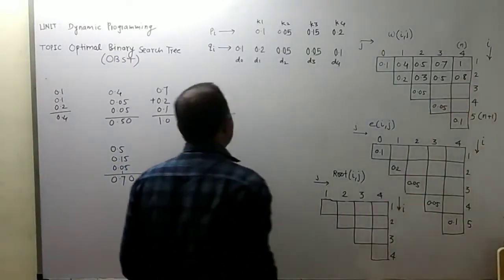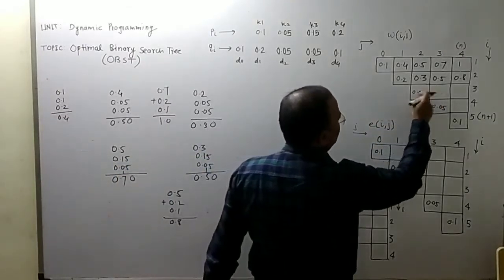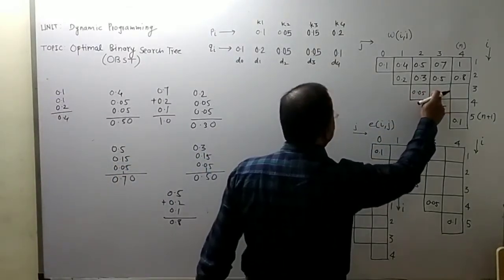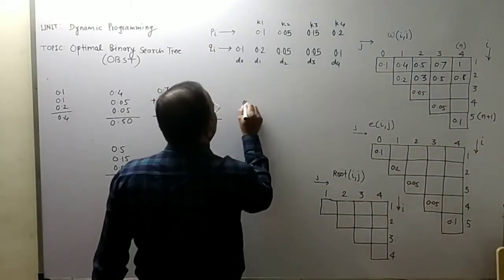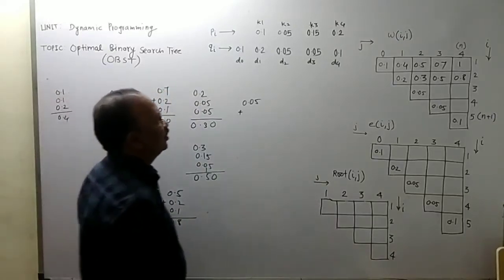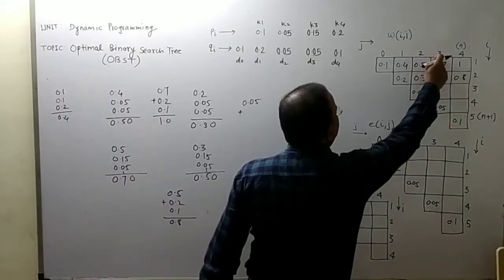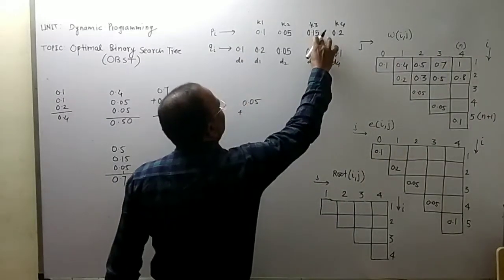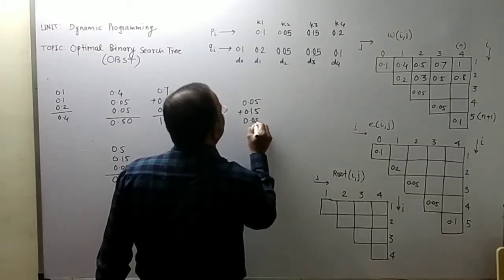Now in a similar way, try to get the values for the third row, starting from this. For that, refer to this value, 0.05 plus the probabilities of K3 and D3, that is 0.15, 0.05.